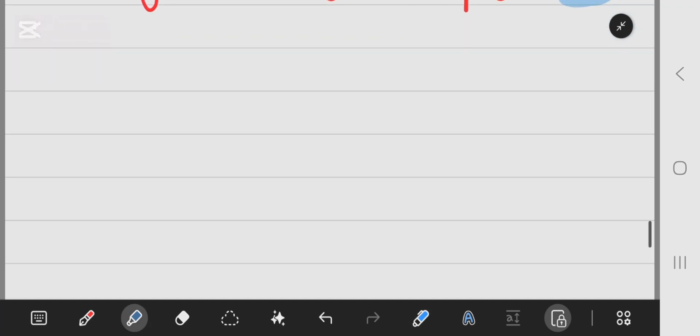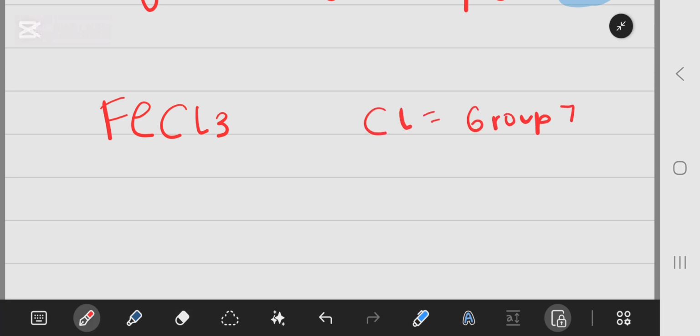What if I have a transition metal? Let's go with iron(III) chloride. I know that chlorine belongs to group number 7, so chlorine is going to be group 7. Iron is a transition metal, right?